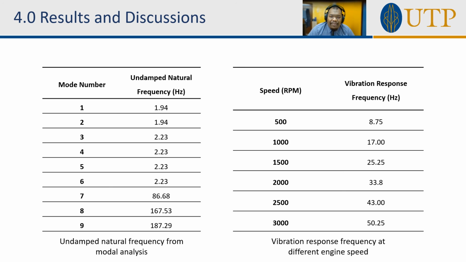As for the vibration response, when the engine was simulated to be running at 500 RPM to 3000 RPM, the vibration frequencies are between 8.75 to 50.35 Hz. From these two tables, none of the frequency values coincide, and as such it can be concluded that the double-cylinder engine will not encounter resonance.